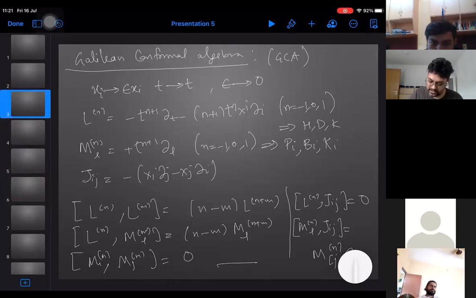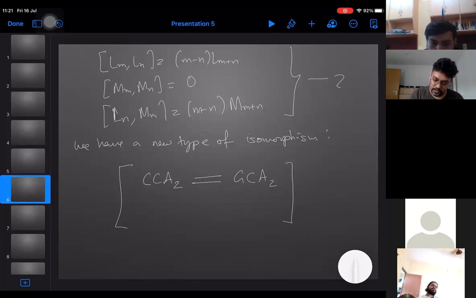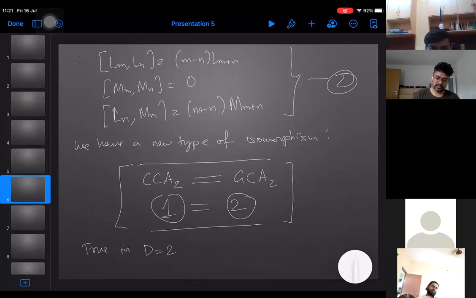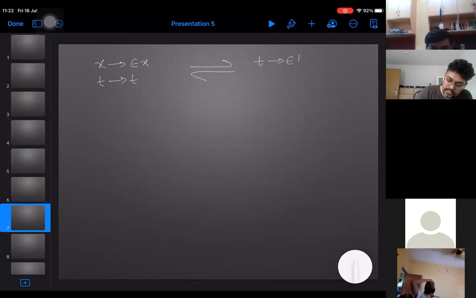It's like, for example, if this is equal to 1 and this is equal to 2, you can say that 1 is equal to 2. So both algebras are the same in D equal to 2 dimension, which I was trying to say yesterday also. But that is only true in the D equal to 2 case. So here what you can write is x goes to epsilon x, t goes to t is basically equivalent to t goes to epsilon t, x goes to x.